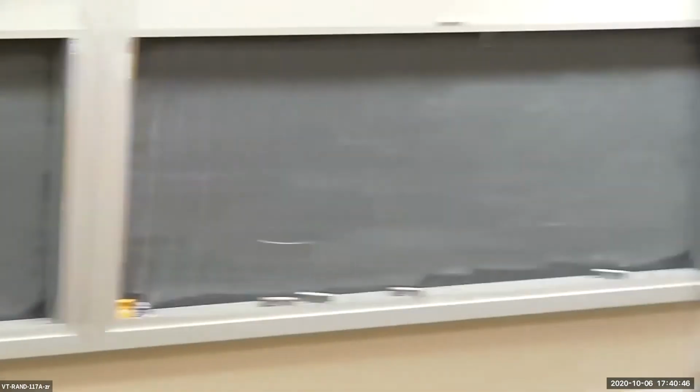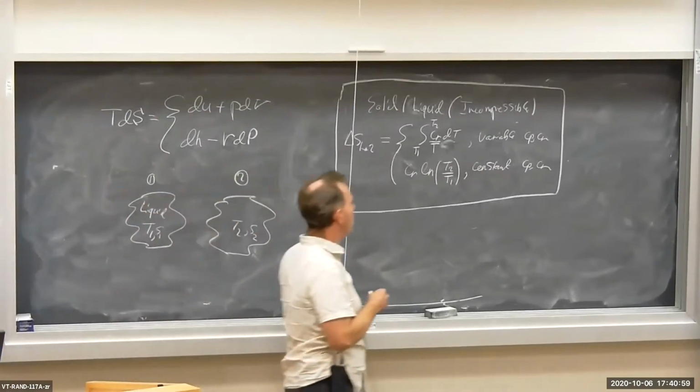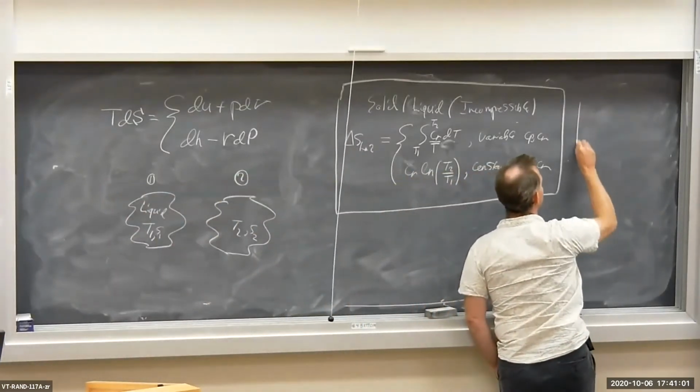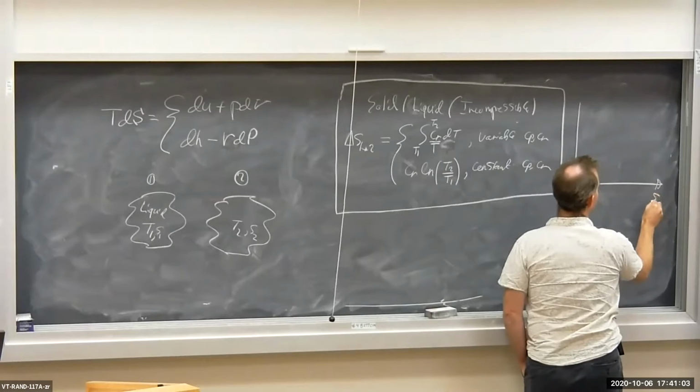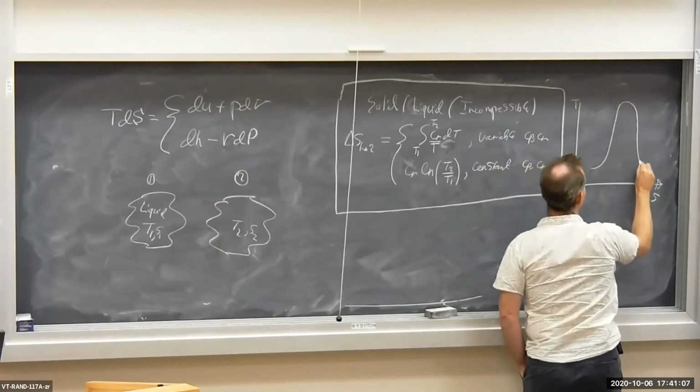Of course, if you're inside the dome, so in this case here, it wouldn't hurt to put up the saturation dome and indicate what region we're talking about here. So here's specific entropy, here's temperature, here's the dome.